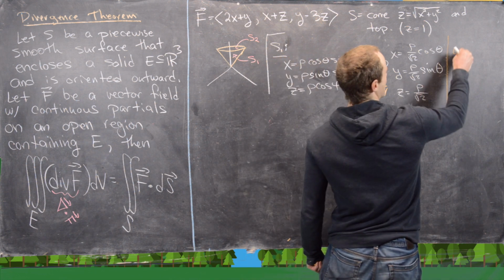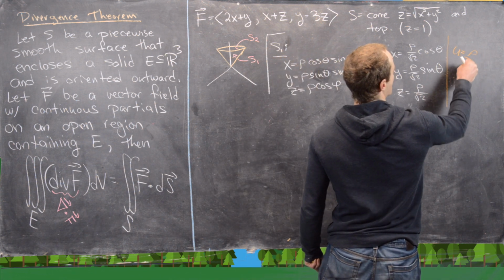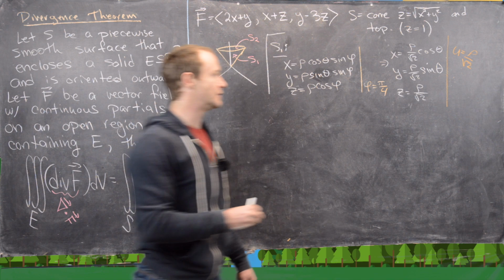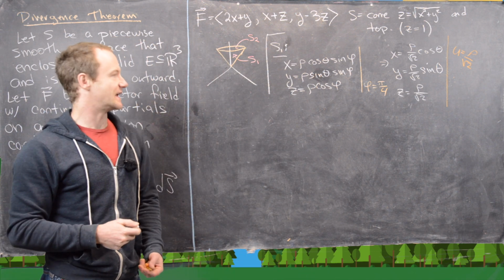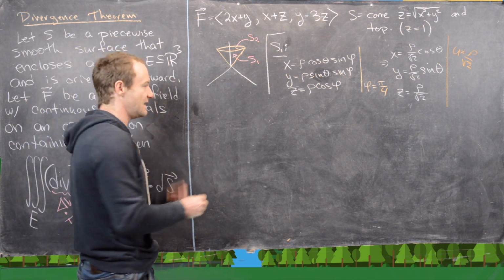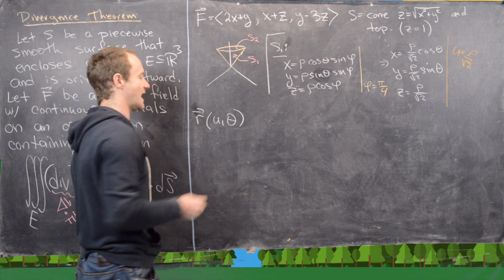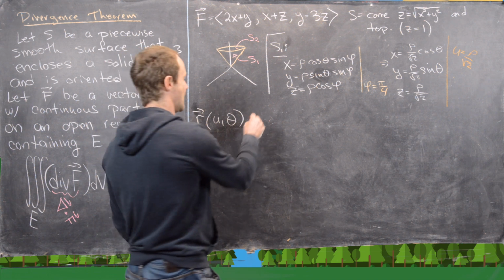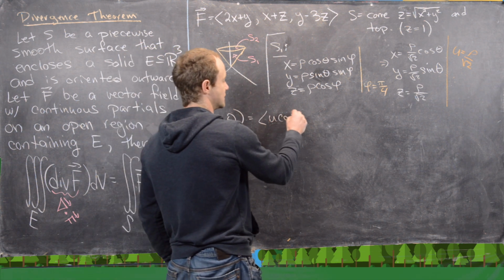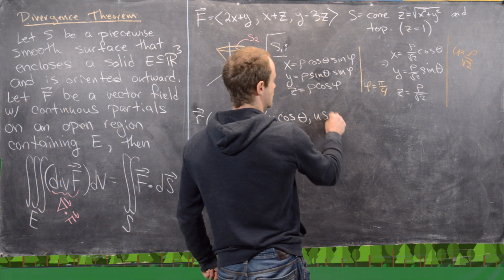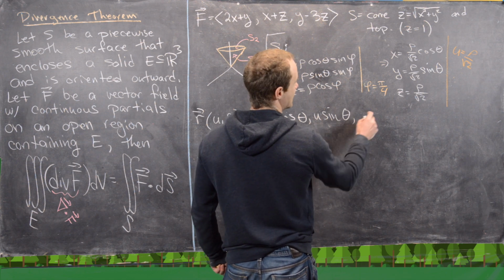So here we might as well let u equal rho over the square root of 2, because that ends up being inside of this all the time. That's going to give us a nice parameterization in terms of u and theta, and that is going to be u cos theta, u sine theta, and then u.